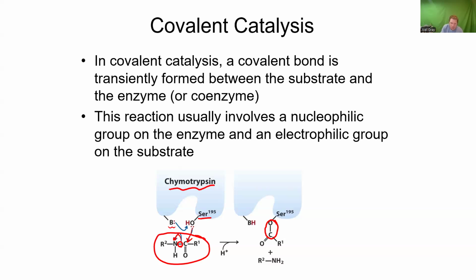So this carbon right here is our electrophile, our electron-loving group, and then this oxygen right here is our nucleophile, our nucleus-loving group.